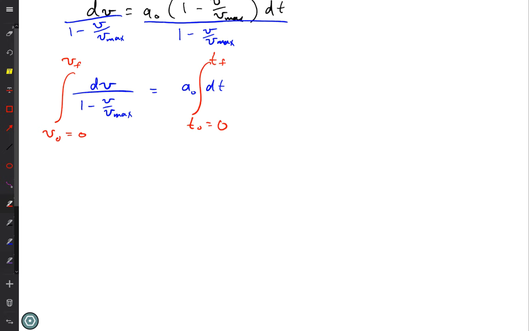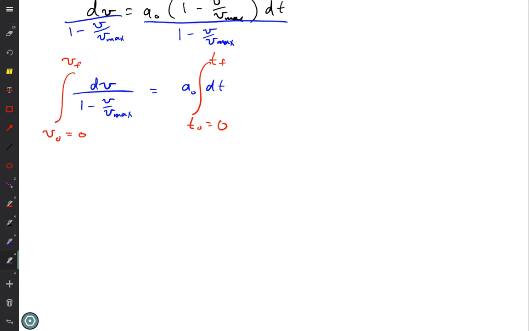Who wants to be a guinea pig? What would you, Caitlin, what would you do to integrate the left-hand side? This is not one you would likely look up in an integral table.